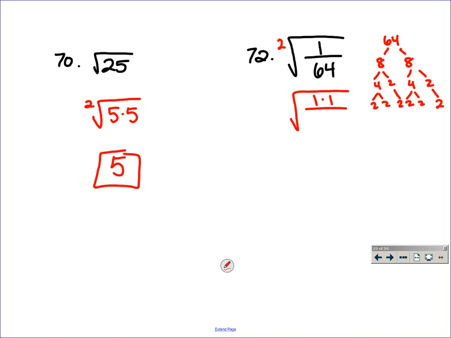I could do it that way. Some of you might have done factoring this way. I'm doing a lot of dividing. Whew. 2 into 64 is, 2 into 32 is, and I also get 6 2's. But some of you are like, wait, I know 64. 64 is what times what? 8.